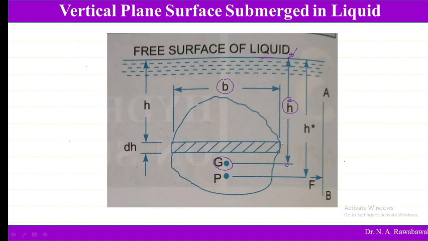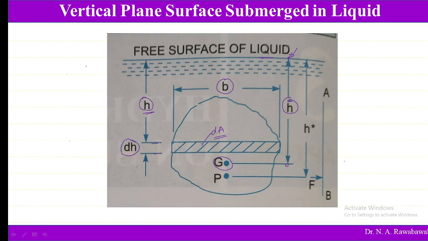Then we consider a small area dA, or small strip, which is at a distance h from the free surface. The thickness of this small area is dh.